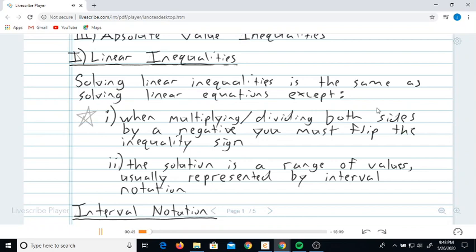Solving linear inequalities is exactly the same as solving linear equations, except there are two key differences. The biggest difference is that when multiplying or dividing both sides by a negative, you must flip the inequality sign.